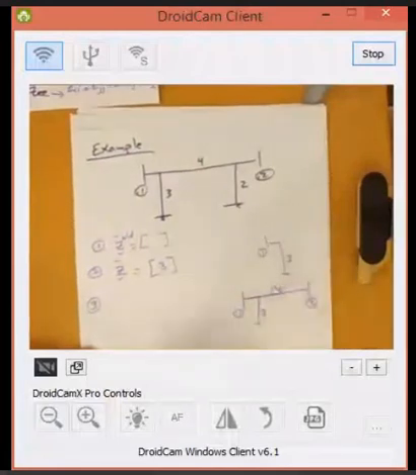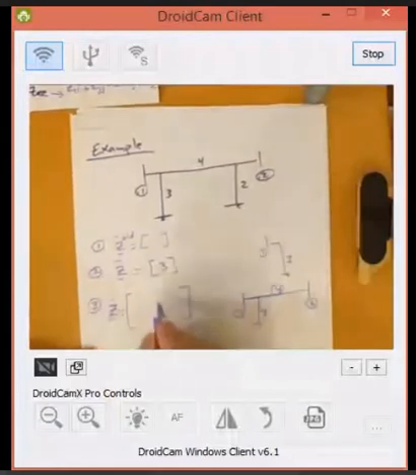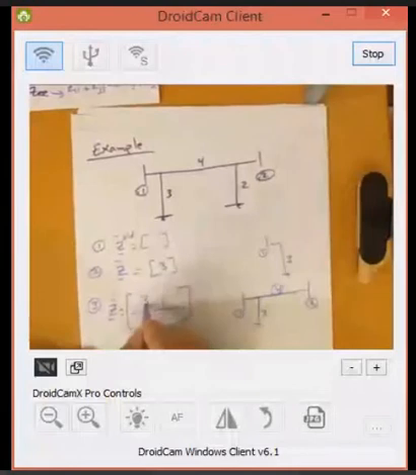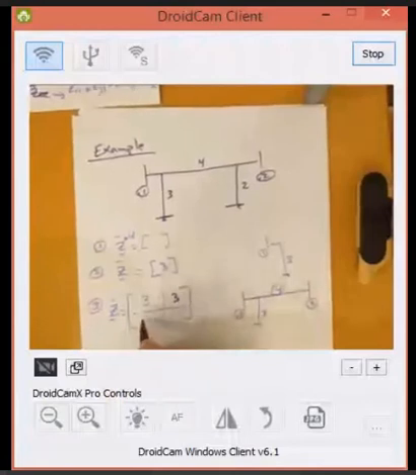So adding a bus, Z new, is going to increase the dimension of this one. This is the old one. Bus number 2 is connected to 1. So whatever we have on 1, just repeat it. And whatever you have here, just repeat it here.